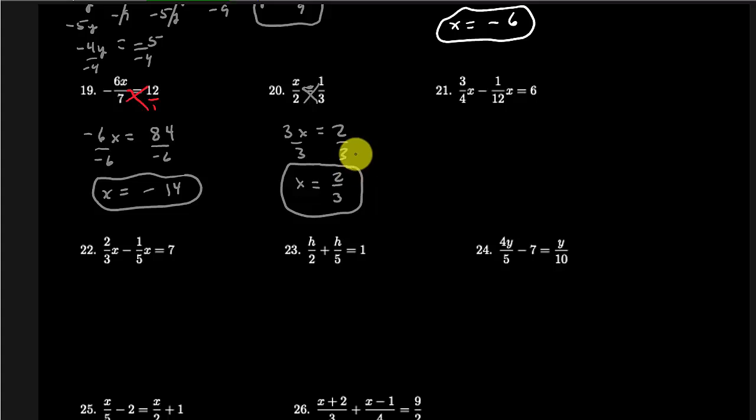All right, now let's look at this one. So here we have fractions. Notice we don't have just single terms on each side. So we need to get a common denominator. So the common denominator of 4 and 12 is 12. So I'm going to multiply each term by the common denominator.